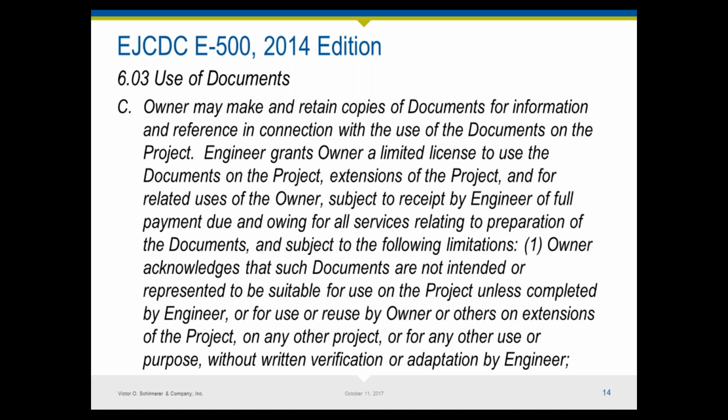EJCDC, however, goes into much greater detail than the AIA about the owner's rights. Like the AIA, it establishes a license for the owner, but the details are much greater.